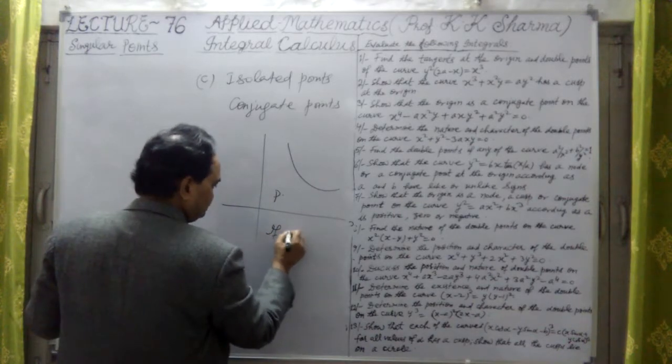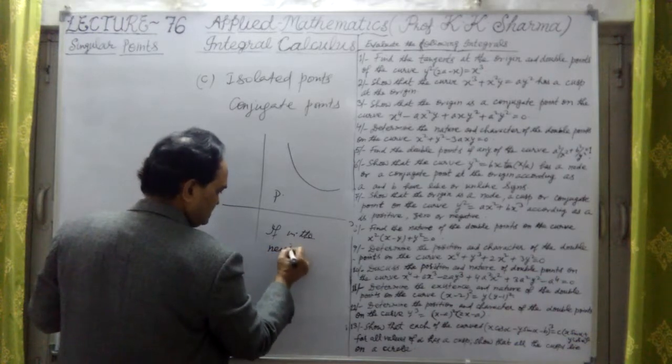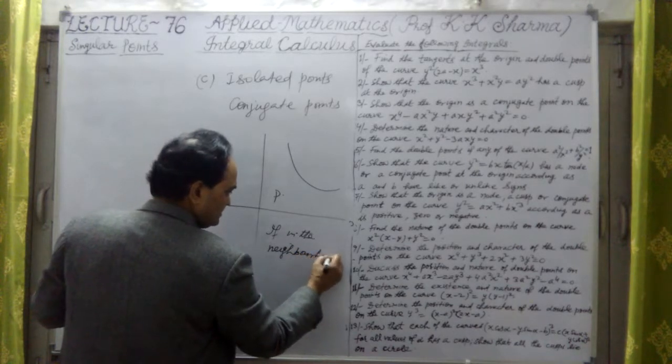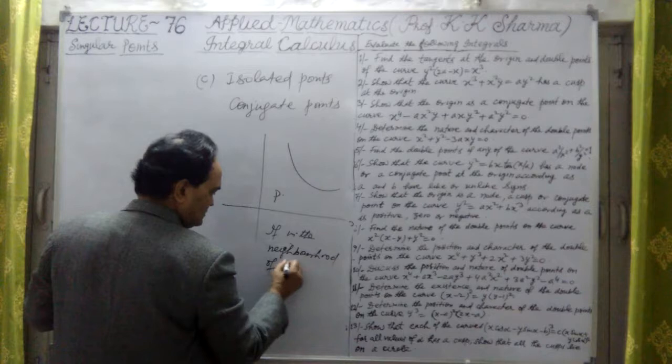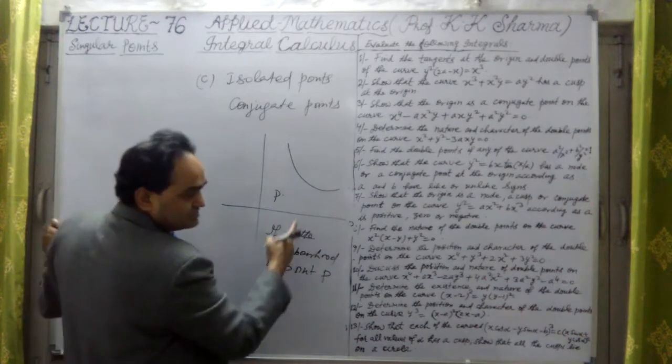If in the neighborhood of point P, there are no tangents here nearby.